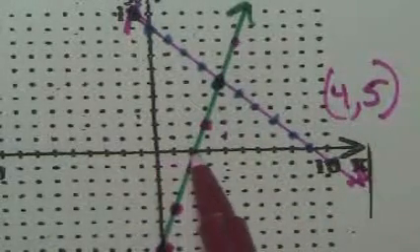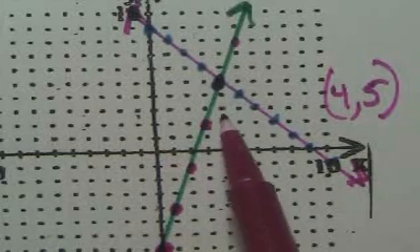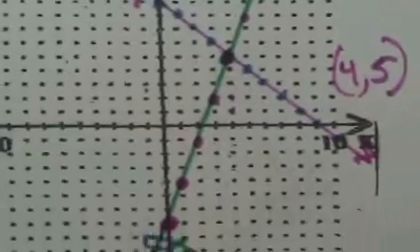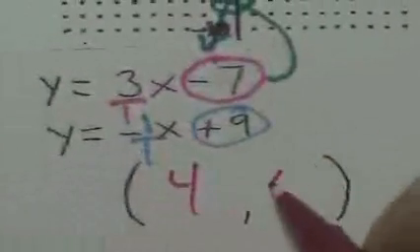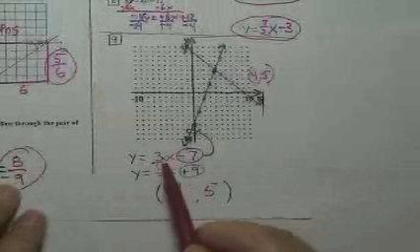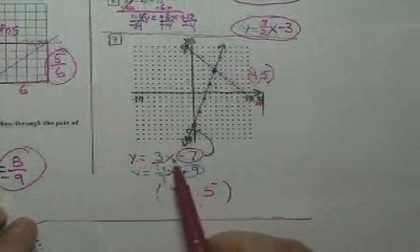Let's see if that's right again. 1, 2, 3, 4. 1, 2, 3, 4, 5. That's the point right there. 4, 5. That's our answer. That's our solution. Those two numbers will work for x and y in both equations. So the left side equals the right side.